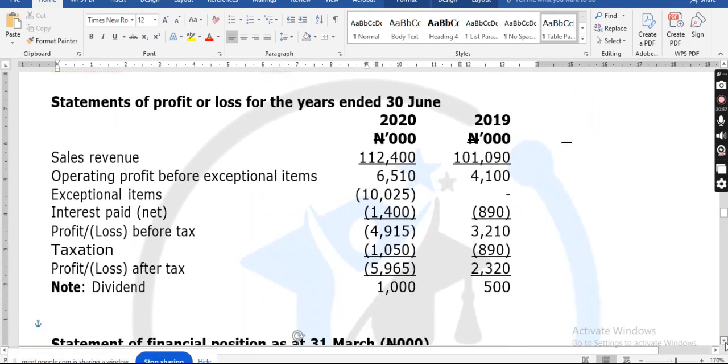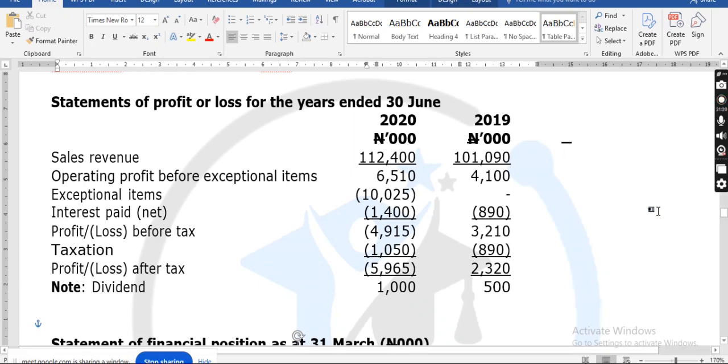You can see the income statement given to us, is that not so? So we have to increase this revenue for 3 years by 25%. So we will have 2021, 2022, and 2023.